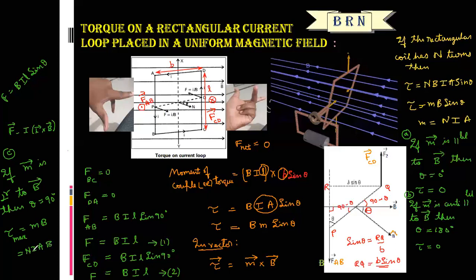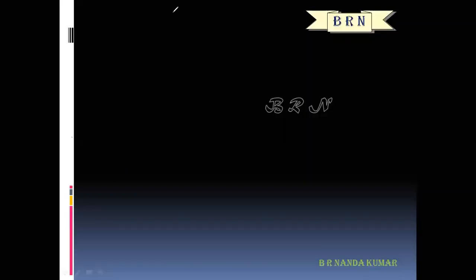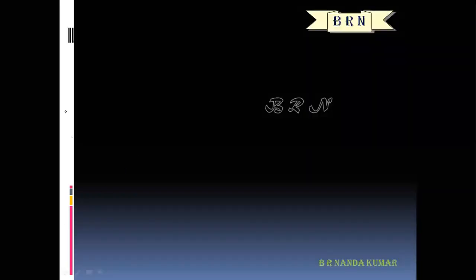For a single current loop, IAB. Okay. So this is also very important for 3 marks. Okay. Thank you.